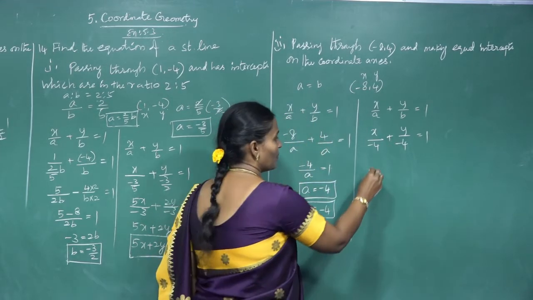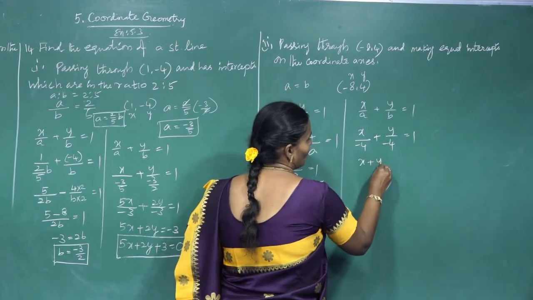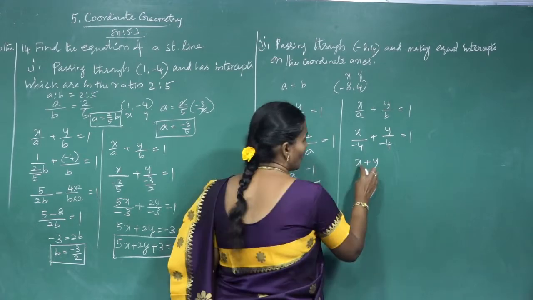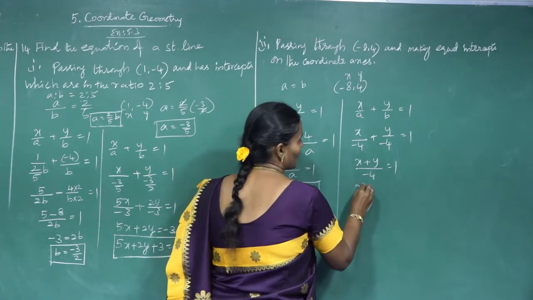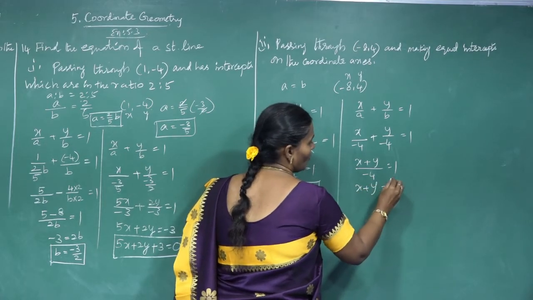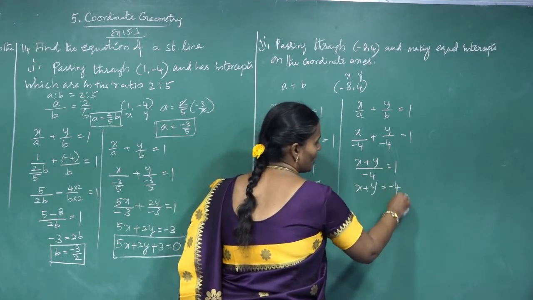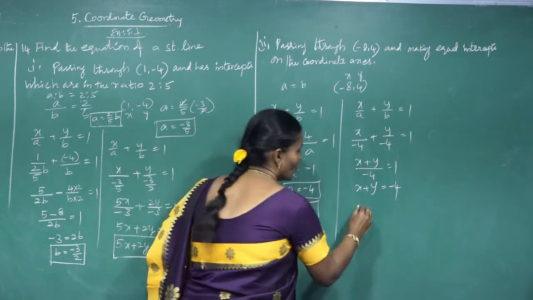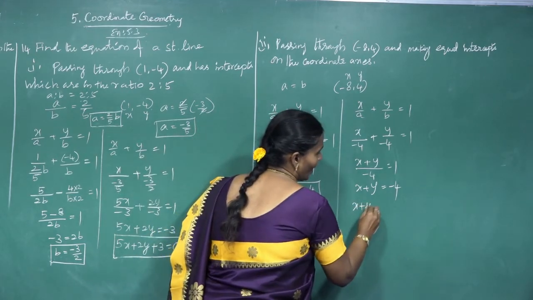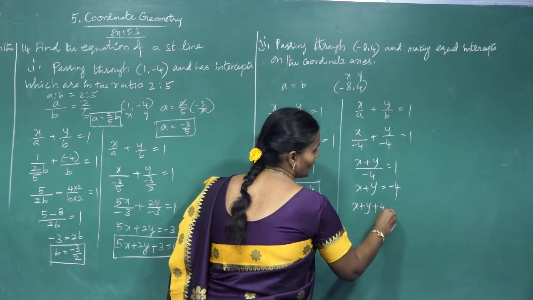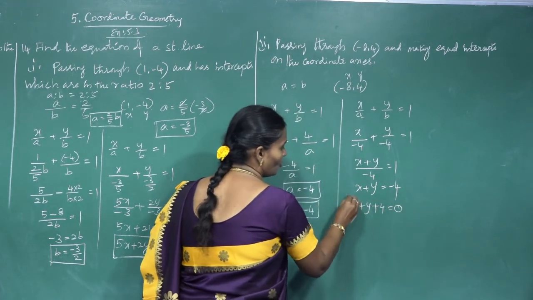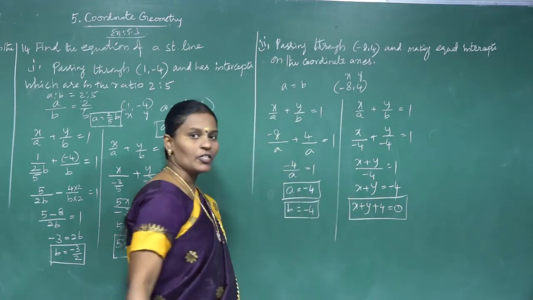Now, x plus y, so minus 4 is common. So, x plus y by minus 4, that is equal to 1. So, x plus y, that is equal to 1 into minus 4 is minus 4. So, what is that equation? X plus y, this minus 4 going to the left side, that becomes positive. So, plus 4, that is equal to 0. This is the required equation.